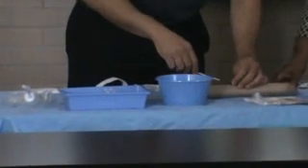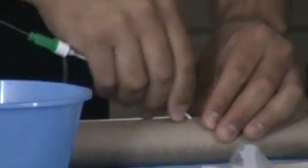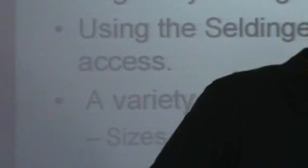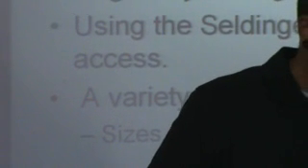This goes all the way in. Once that's in, the wire can come out. The introducer stays right in place so they can continue with the exam and introduce different size catheters.